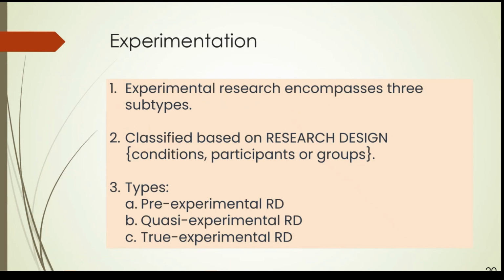Okay, there are three subtypes of experiments. I think you can read more on your own later on, but I just quickly walk you through due to time constraint. There are three types of experiments because of different conditions, different participants, different ways we set up the groups. We can have pre-experimental research design. This one is to explore the idea. We can do quasi-experimental research design.